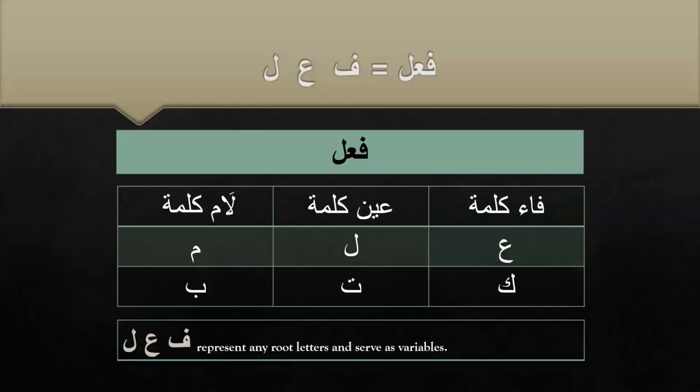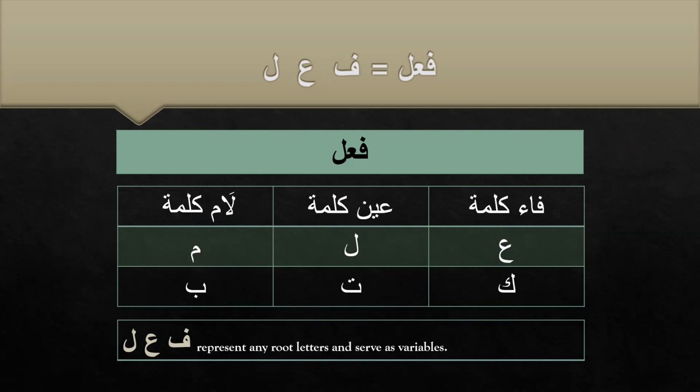Okay, we learned that a verb, which is called fi'l in Arabic, has three letters, as you can see, and we learned that these three root letters, fa, ain, and lam, kalima, serve as variables. They serve as variables to make all the words, to make all the verbs in the Arabic language.